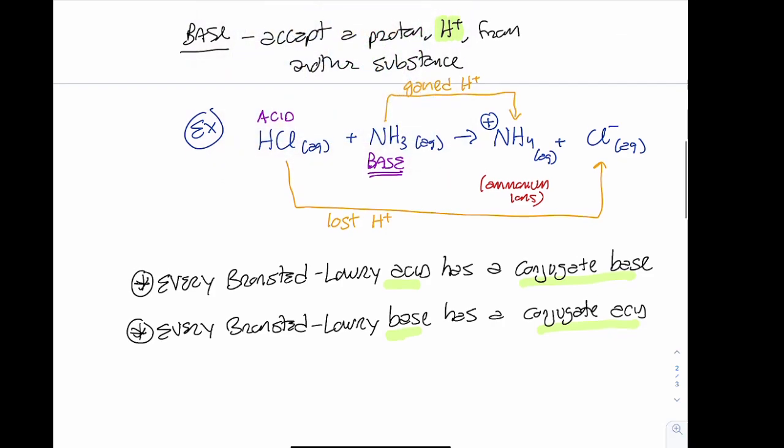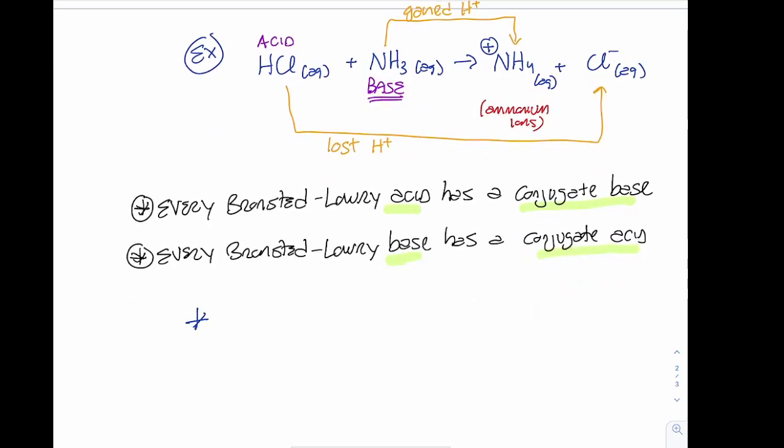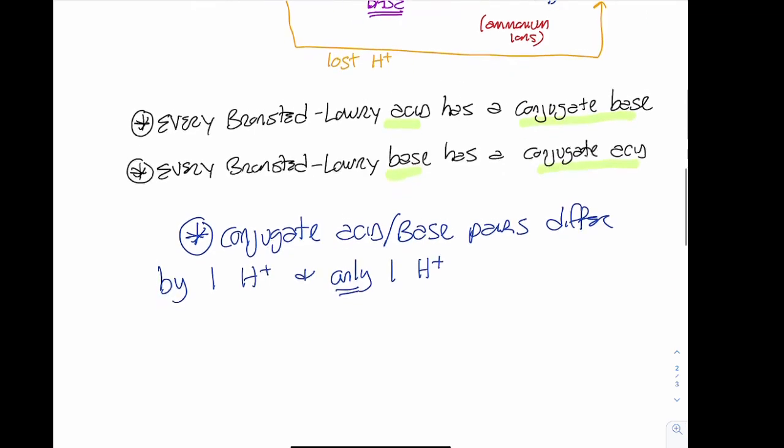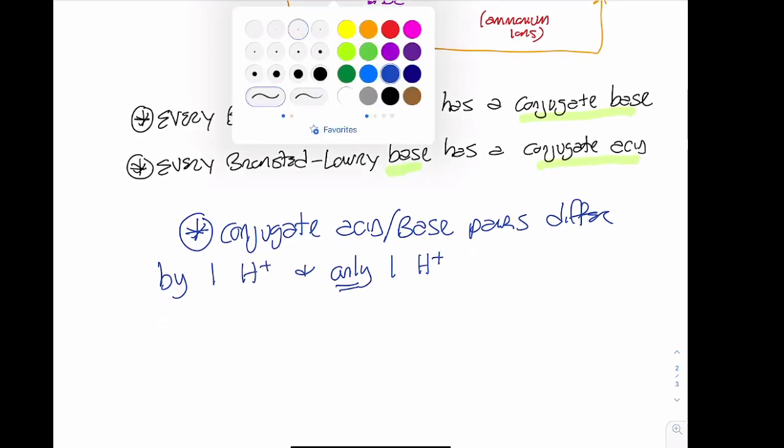So conjugate acid-base pairs differ by one proton, H plus, and only one proton. And that's really important.